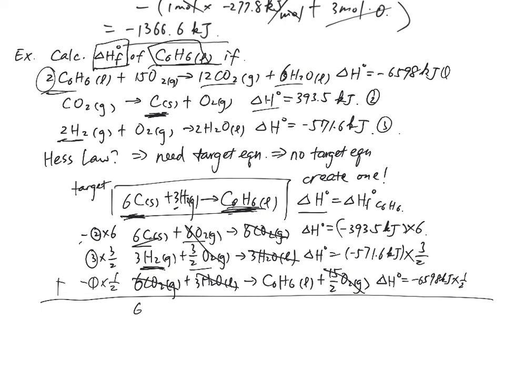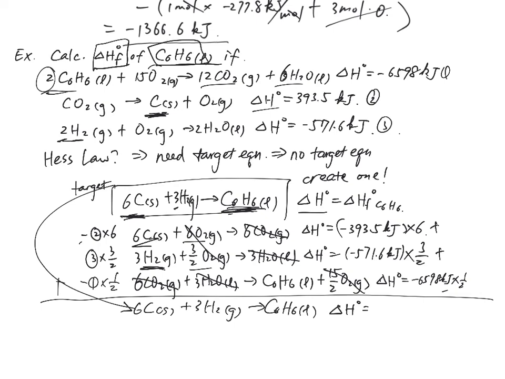What did you get? 6 carbon solid, 3 H2 gas, and C6H6 liquid. What is that? That's my target equation. Since I added these 3 things to get the target equation, I should add this and this and this together. So add them all up.